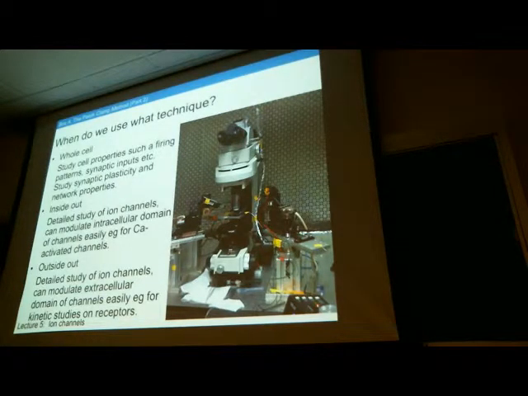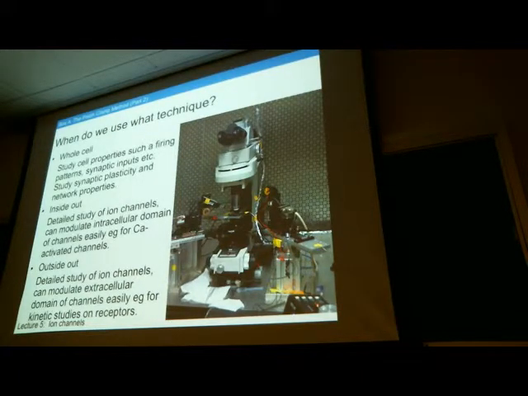You can imagine channels that are modified by intracellular factors, and you can control that from the outside, washing things on or off. And then the inverse, the outside-out patch, lets you study ion channels, in particular ligand-gated ones, because you can apply the ligand to the outside.